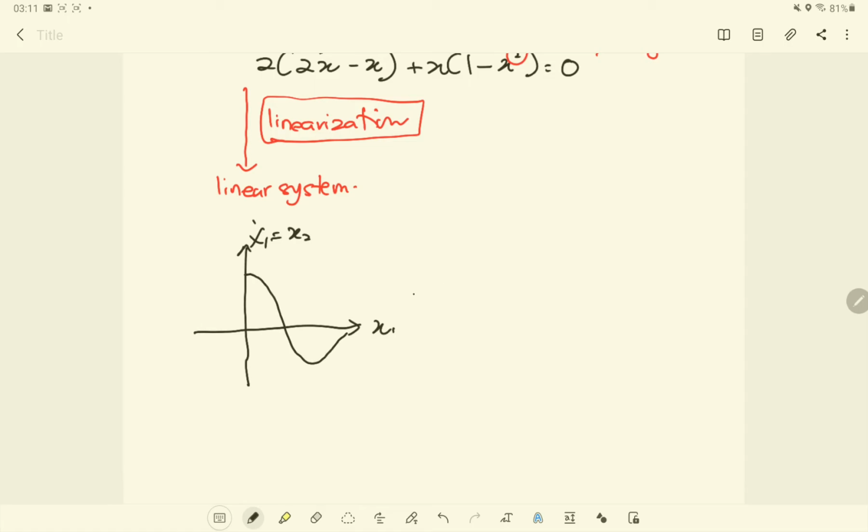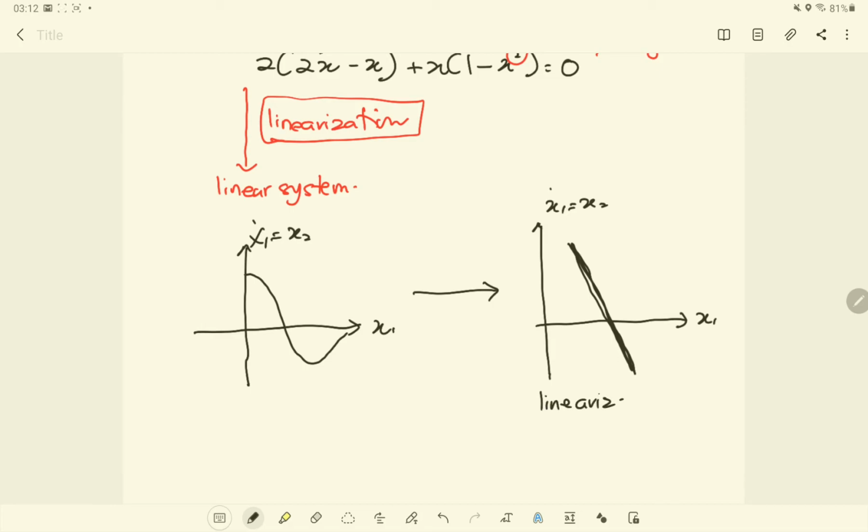We have one option to convert it to a linear system by taking just a few samples of data from the system that represent the system, and we call it a linearization approximation.